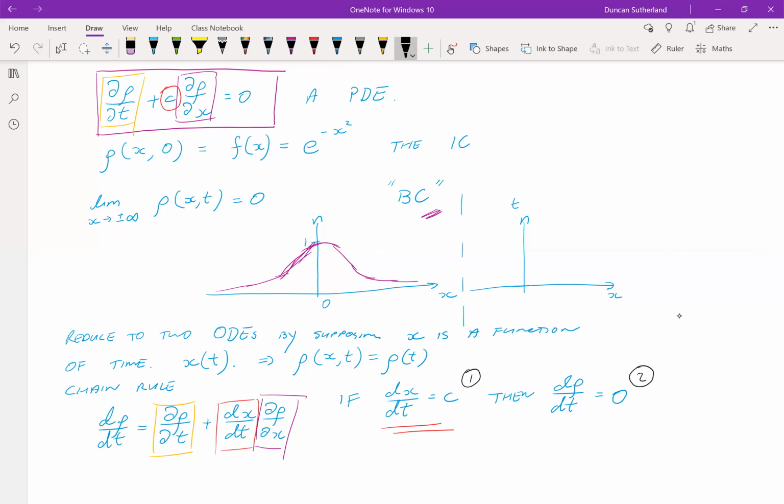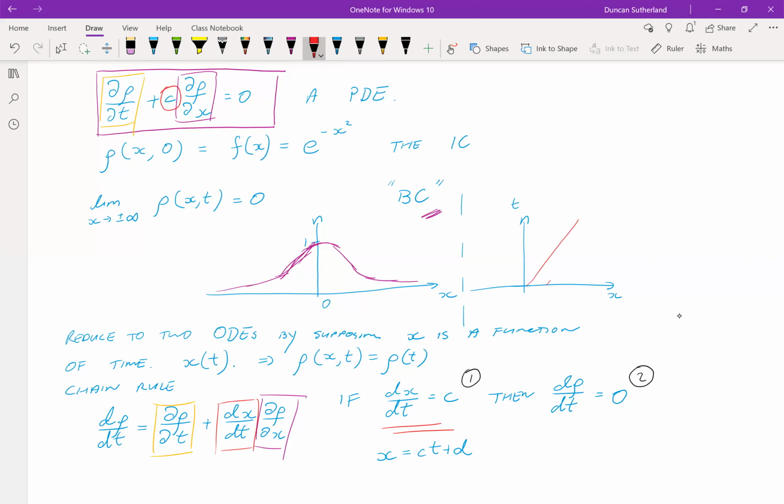We do have to think about what our initial conditions are. For example, if we were to just integrate this equation, we would find x equals c t plus some constant of integration d. Now that's a straight line. X is some linear function of time.